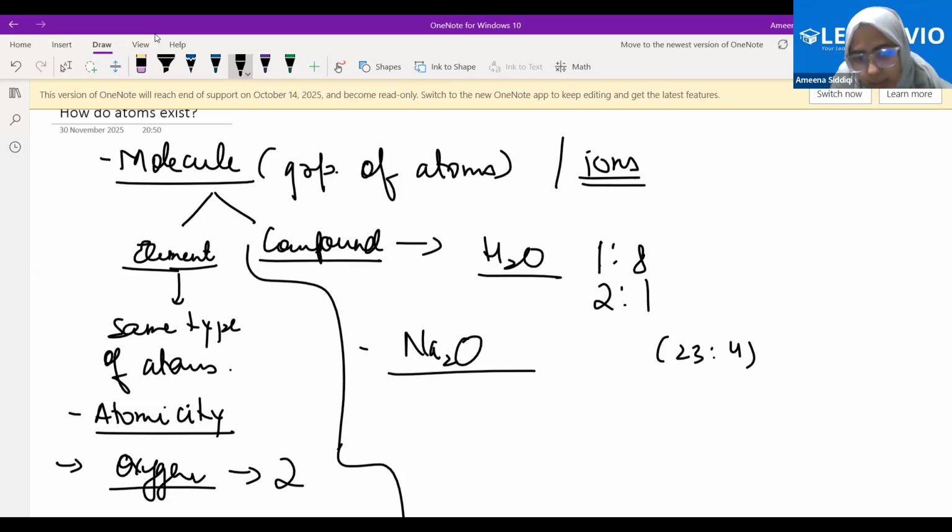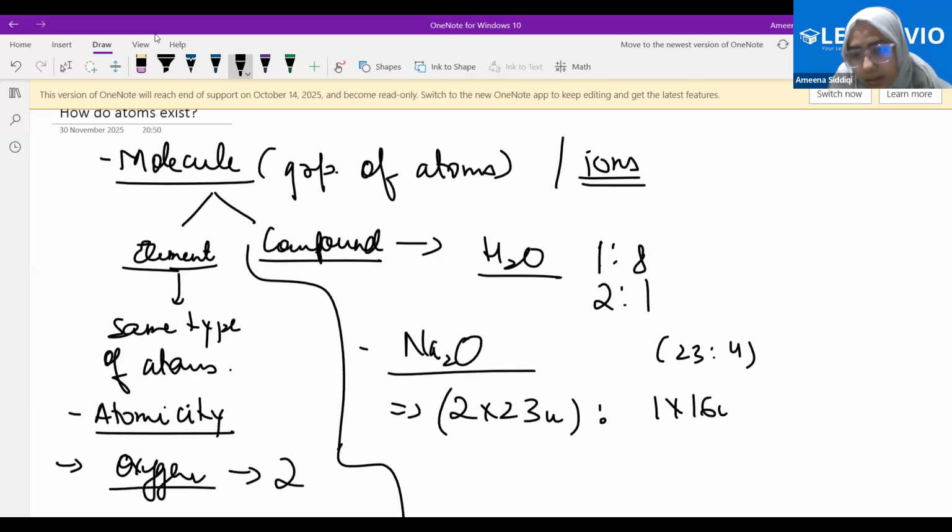How do I calculate the mass? How many sodium atoms are here in this compound? 2. So 2 into 23 u. How many oxygen atoms, bacho? 1. So what is the mass of one oxygen atom?